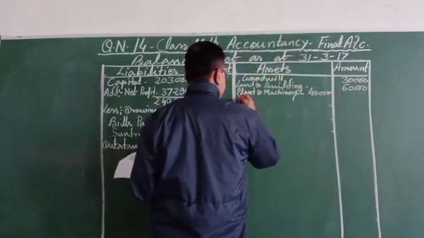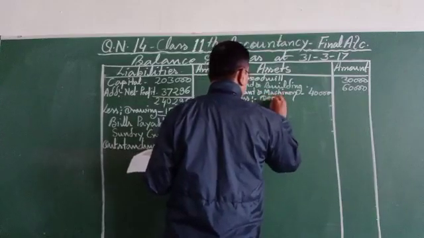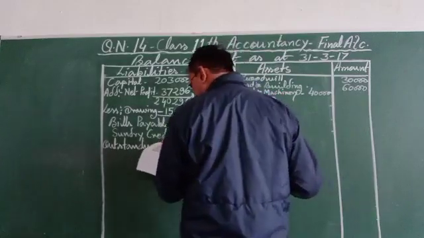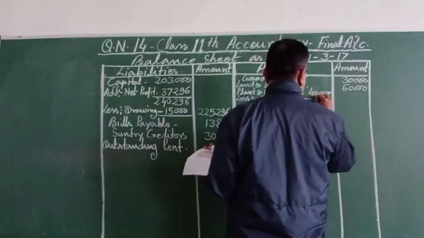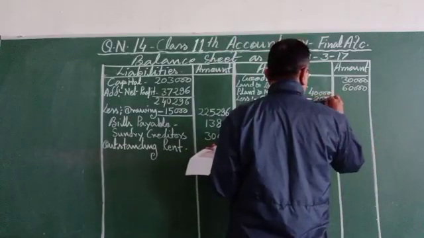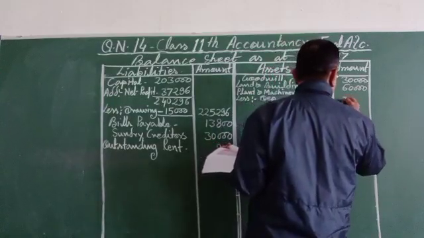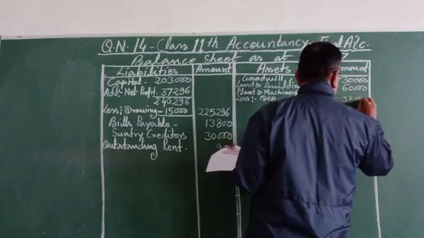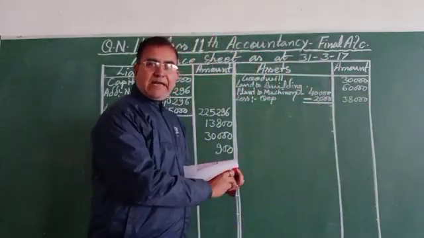Less depreciation charged on plant and machinery at 5% in the additional information, minus 2,000. So this will be 38,000.